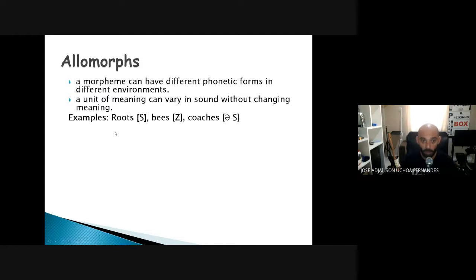Can you see that you have only one morpheme, although we have three different phonemes? Go back to the idea of phoneme, the minimal unit of study for phonetics. Now, the morpheme is the minimal unit of study for morphology. We have three phonemes, s, z, and us, but we have only one morpheme called the plural morpheme. Is that clear for you?